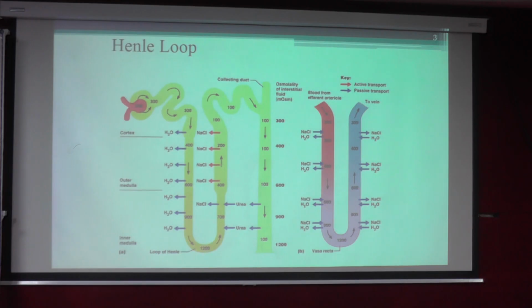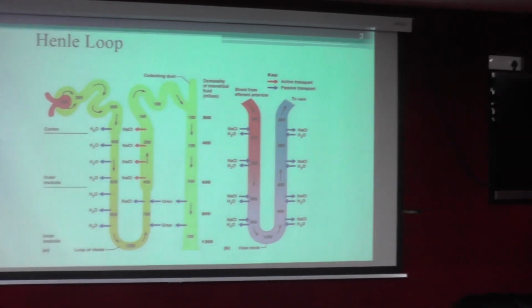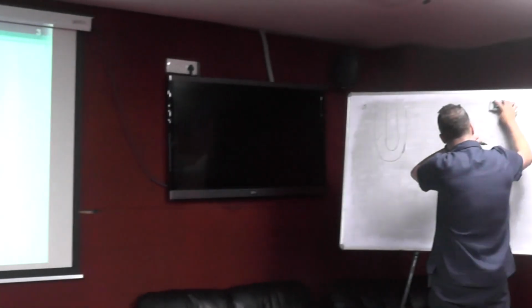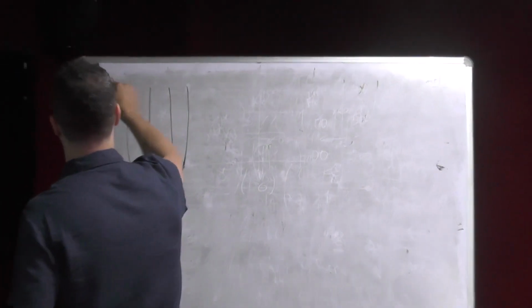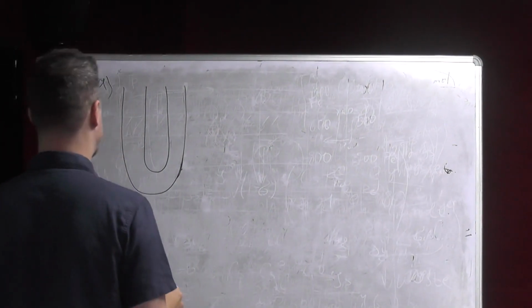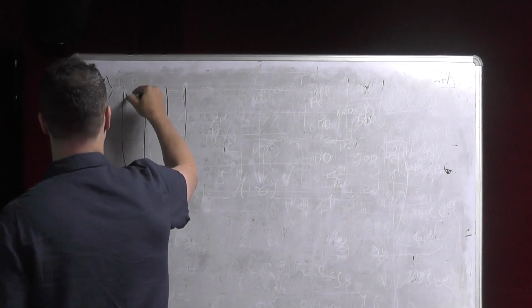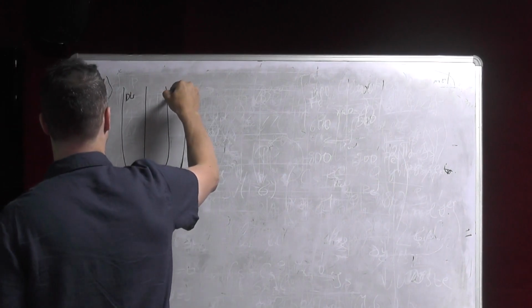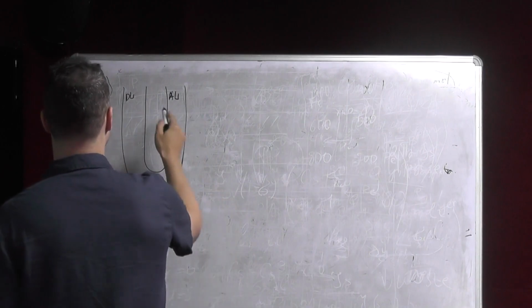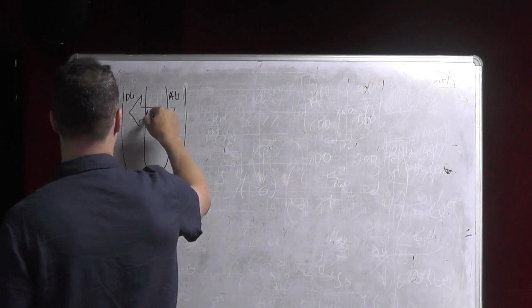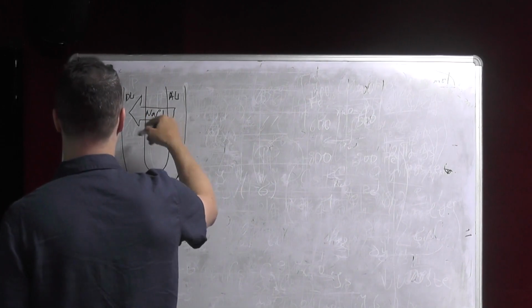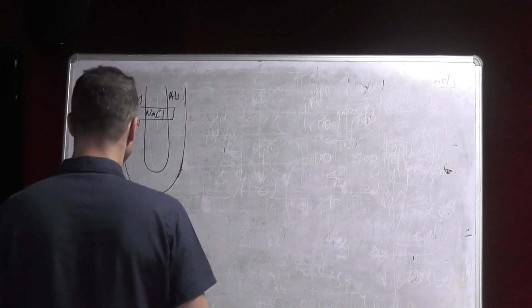Now let me see. So in the first assumption, when there is a modeling of the Henle loop, so this is a descending loop, and this is the ascending loop, and they are so close to each other that the transport of the solute goes across the membrane, so it does not end up in the extracellular space.